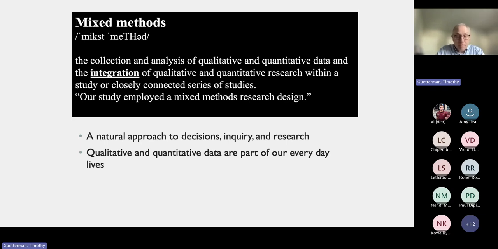Mixed methods, in my opinion, though, is really a natural approach to decisions, to our everyday lives, actually, and then to inquiry and research, of course. If you think about the basic decisions that you might be making throughout the day, where to go, what book you might want to read.